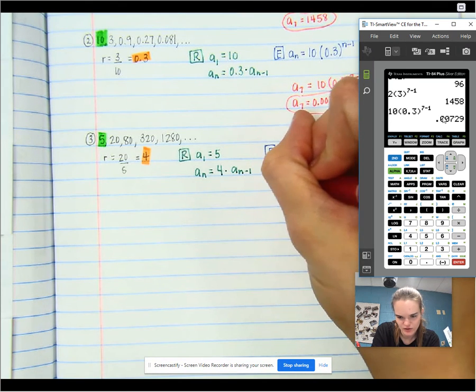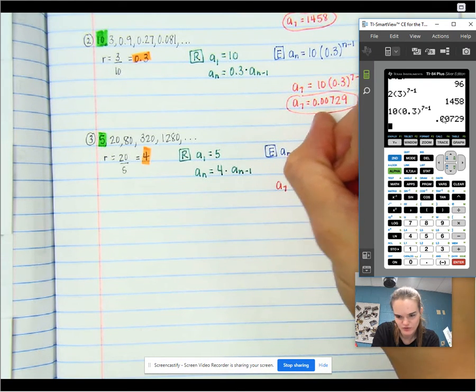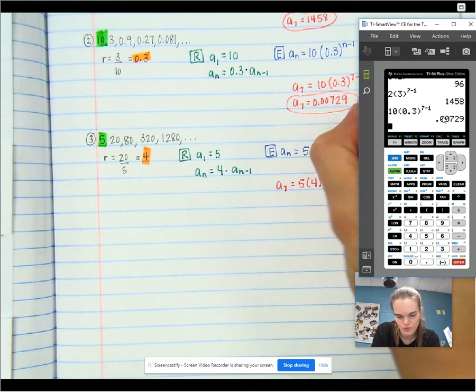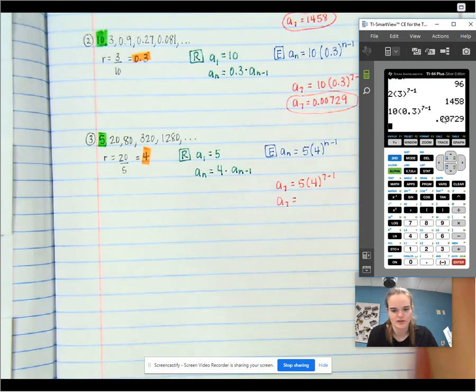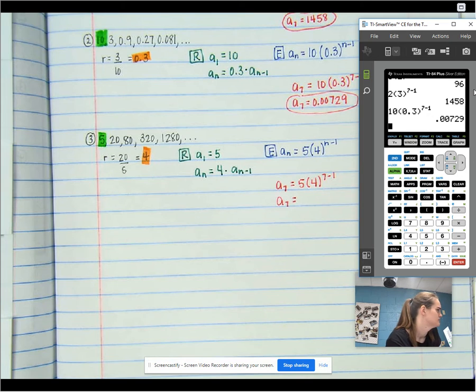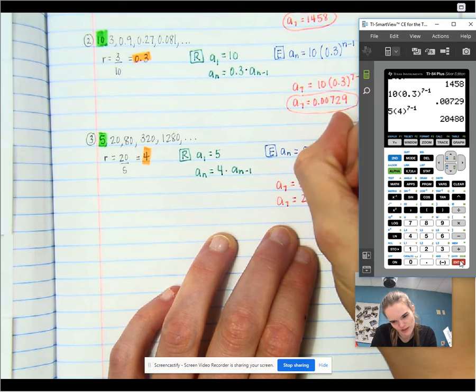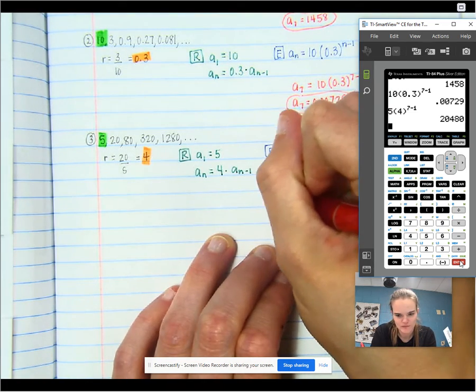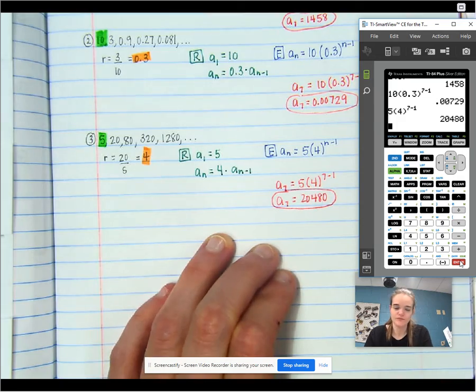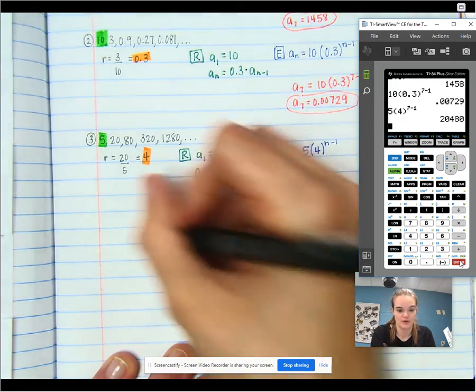A sub 7 equals 5 times 4 to the 7 minus 1. So A sub 7 equals 5 times 4 to the 7 minus 1, which is 20,480. All right, I hope you were just checking your answer on that one.